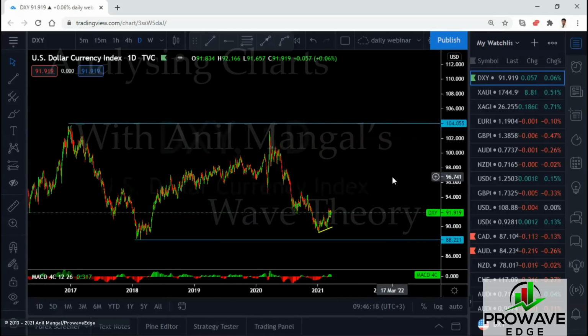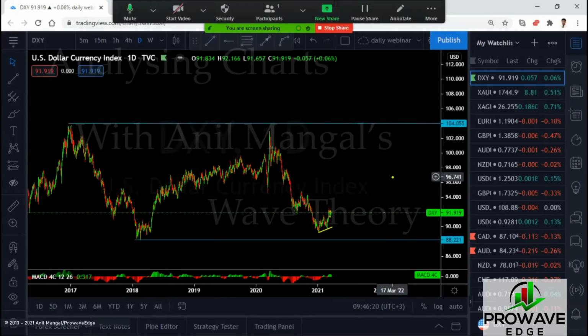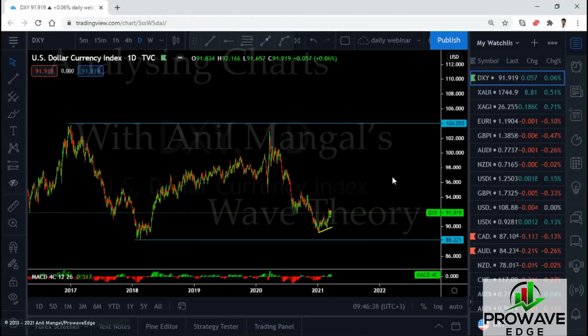The idea is that if they sold in this area, when price comes back to that area, they're going to sell again. That is what supply and demand is based on. When the market comes back into those areas, it's going to drop again, or there's going to be a sell back in that area because there is still supply there.